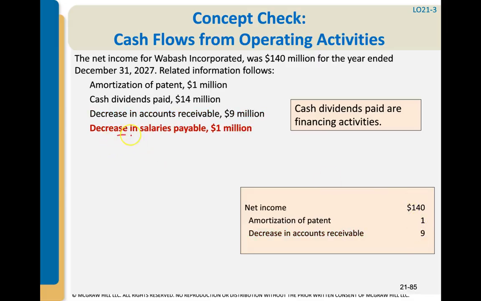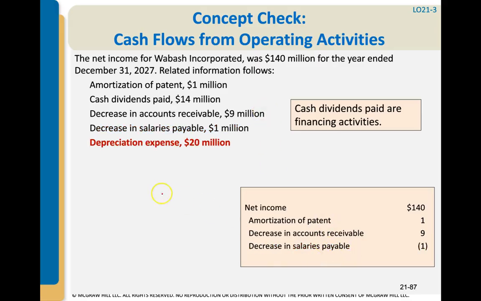Next, decrease in salaries payable. Salaries payable is a current liability, which means we go the same direction. So if there is a decrease in salaries payable, we're going to decrease our net income for the statement of cash flows by $1 million. And there it is, decrease in salaries payable. Next item, depreciation expense. This is a non-cash expense, because we debit depreciation expense and credit accumulated depreciation.